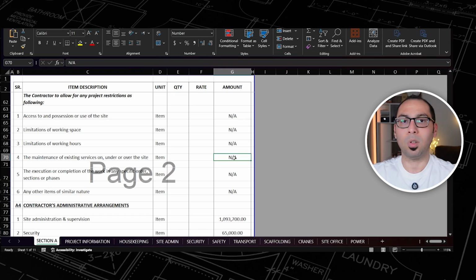The fourth point here, the maintenance of existing services on, under, or over the site. If there are any existing utilities that have to be, let's say, relocated or removed or something, then it will have a cost. It will come here.